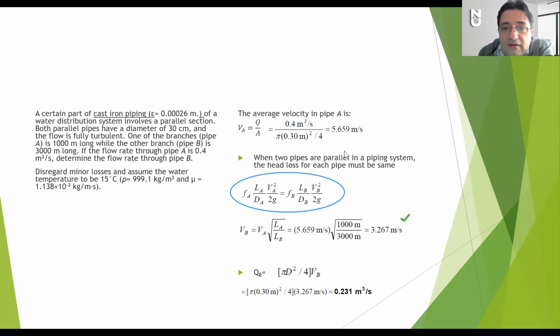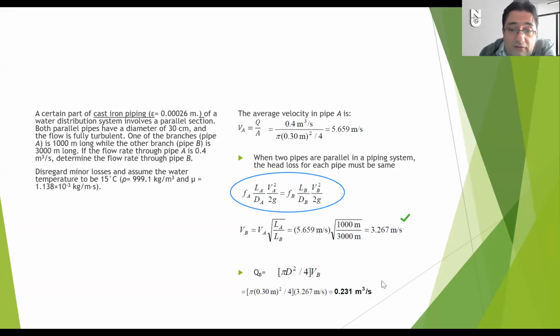You also saw that the velocity at branch B is smaller than the velocity at branch A. It means a lower flow rate. If you calculate the flow rate, you will find that it's almost half of the flow rate from branch A. So it is 0.23 cubic meters per second.